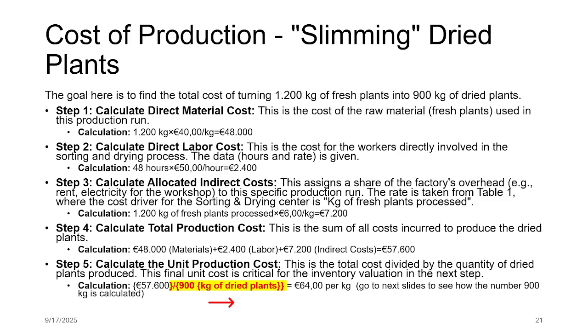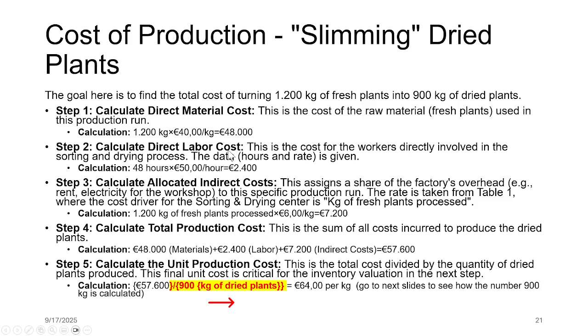Okay, so after that we follow the 5 steps to calculate the cost of production at the sorting and drying workshop. In the first step, we calculate the direct material cost, meaning the cost of the fresh plant material used in this production run. In the second step, because we will calculate all the direct costs, we calculate the direct labor cost.